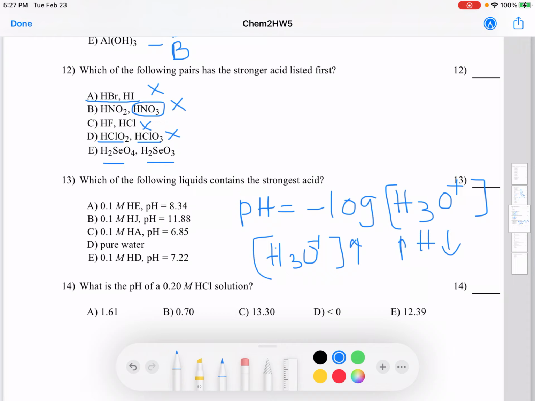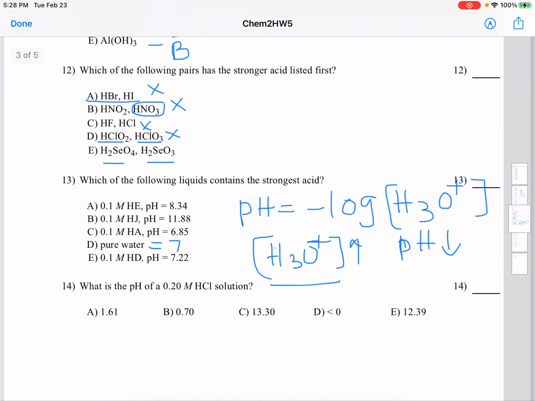So you have to look for which one has the lowest pH. 8.34, 11.88, 6.85. What is the pH of pure water? 7. So from this group, you find which one has the lowest pH. That's going to be your stronger acid.